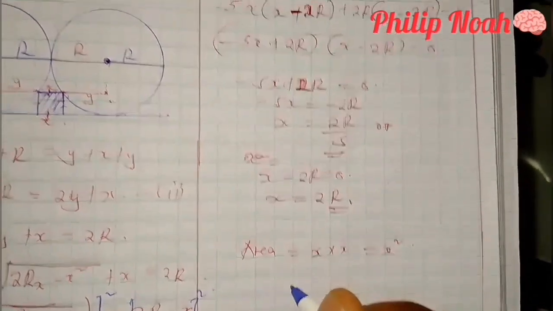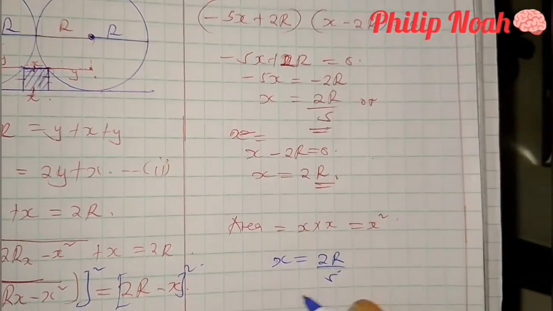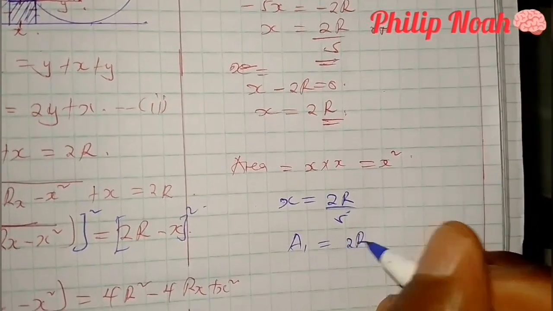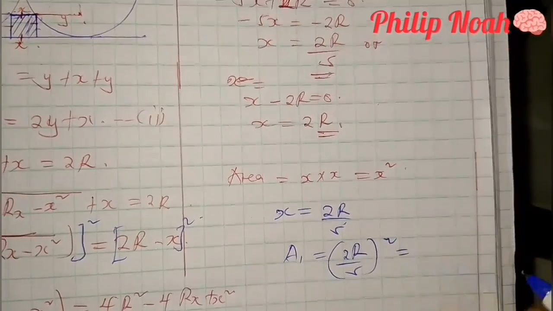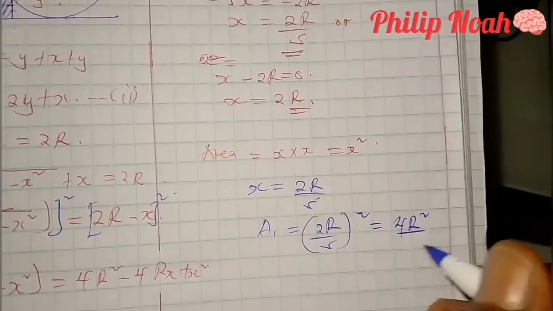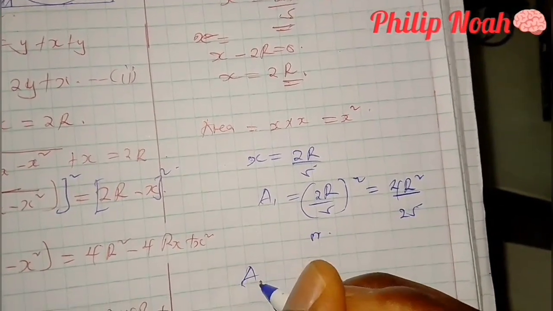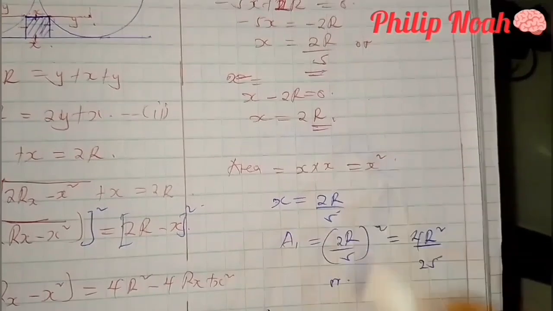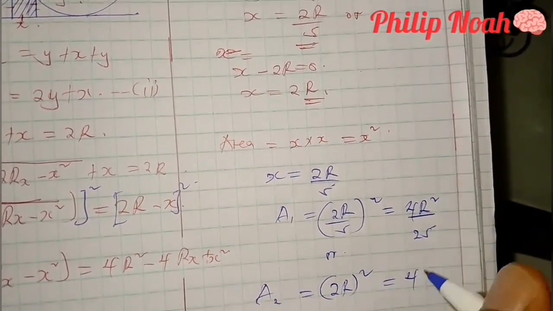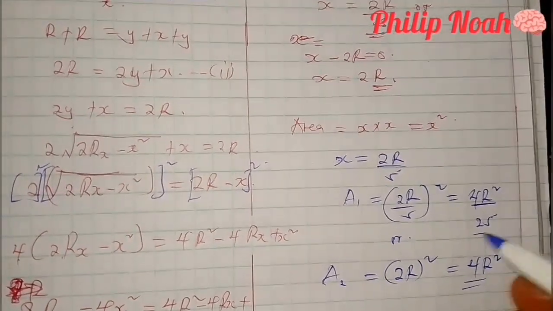Since x is equal to 2r over 5, our area 1 is equal to 2r over 5 squared, which gives us 4r squared over 25, or area 2 is equal to 2r squared. That becomes 4r squared as the area of that square.